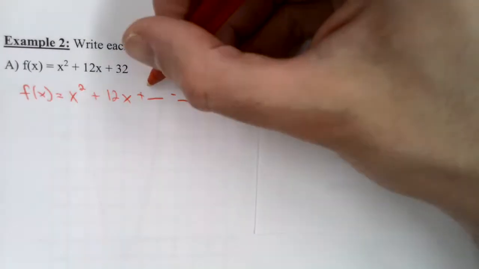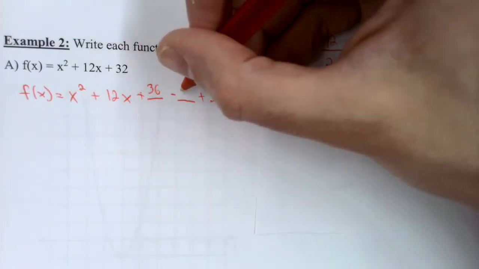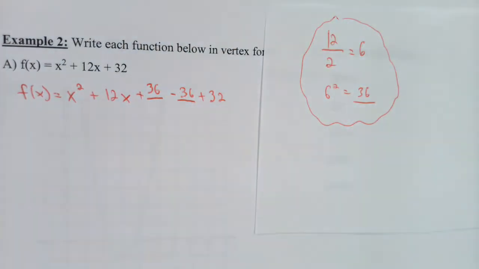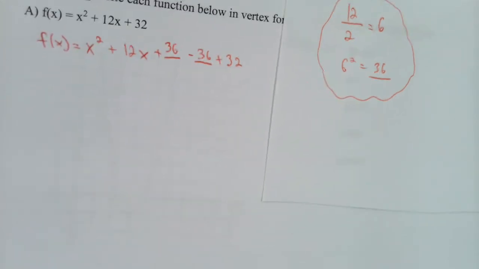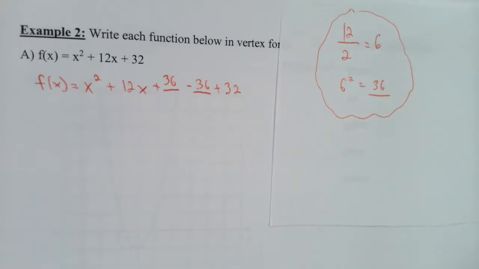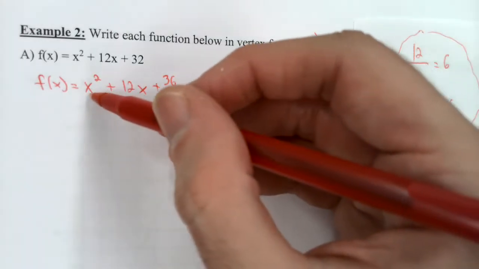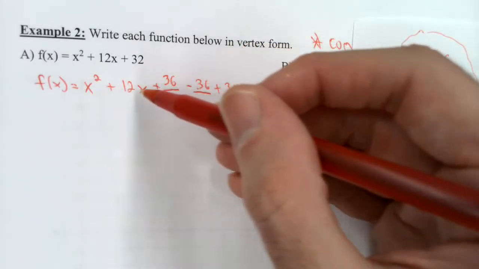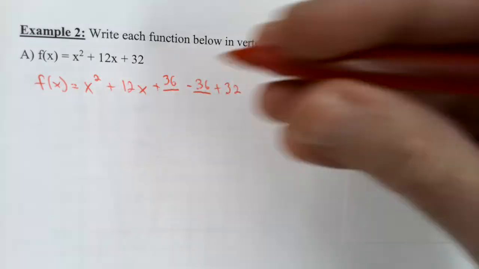So I'm going to do plus 36 minus 36. And now these first three terms are going to factor to become x plus 6 squared.